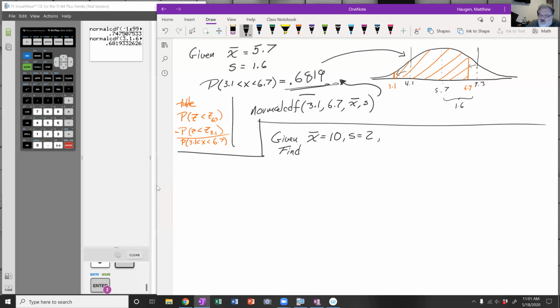So let's say we want to find the 75th percentile. Now, what does that mean? So our mean's still at 10. Our standard deviation is 2, so that's 12, and 8, and so on.